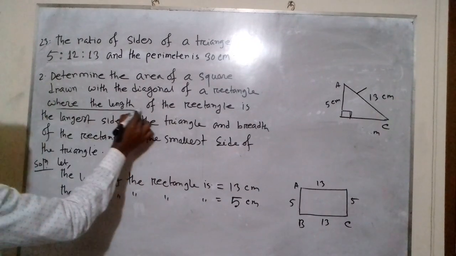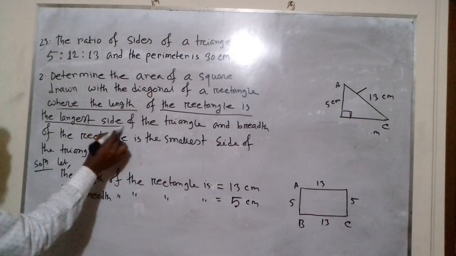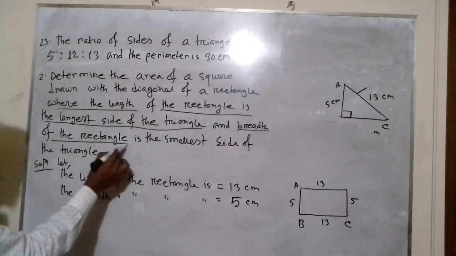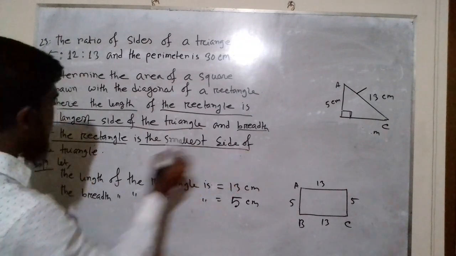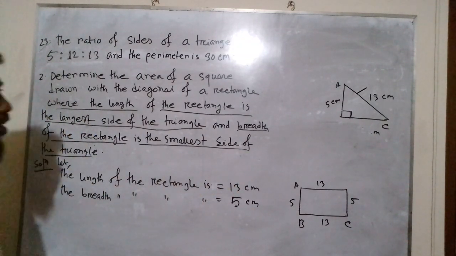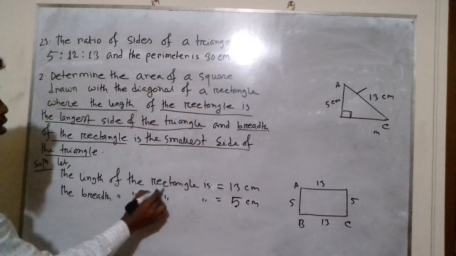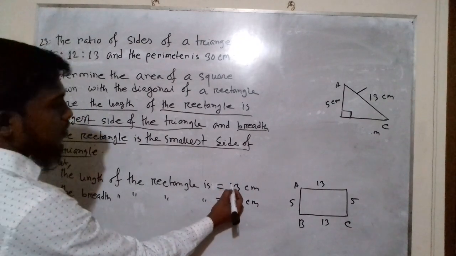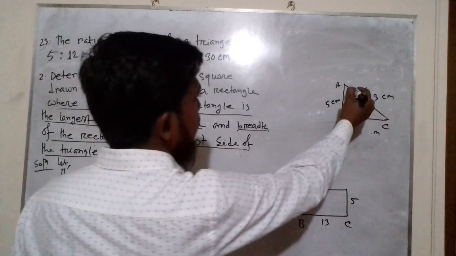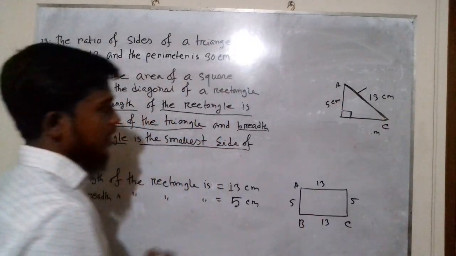where the length of the rectangle is the largest side of the triangle and the breadth of the rectangle is the smallest side of the triangle. So the length of the rectangle is 13 centimeter, because 13 centimeter is the largest side of this triangle.